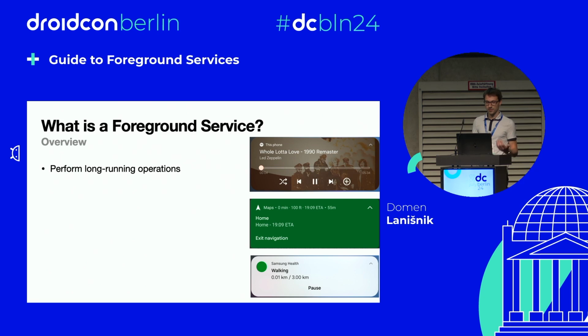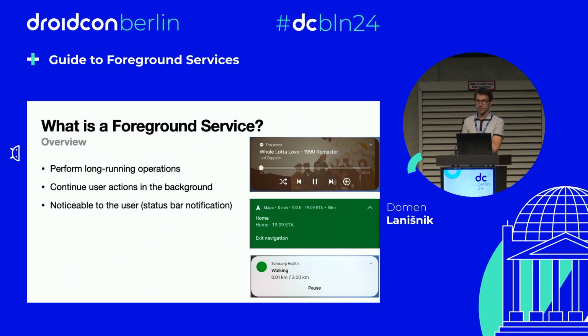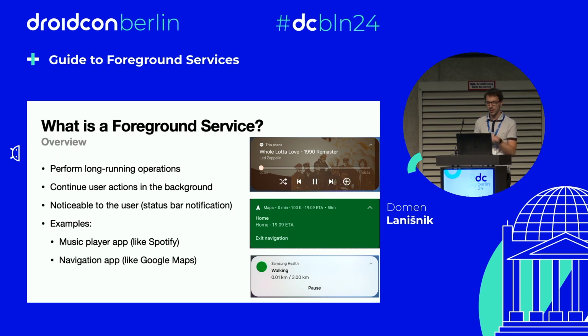A foreground service is for performing long-running operations that the user started in the app before leaving the app. The difference between a foreground service and a background service is just that the foreground service is noticeable to the user through a status bar notification like the ones here. The typical use cases are like music player app, navigation app, fitness app, or any other kind.